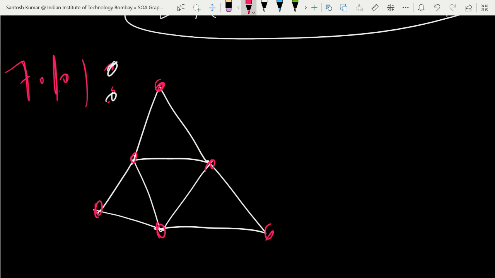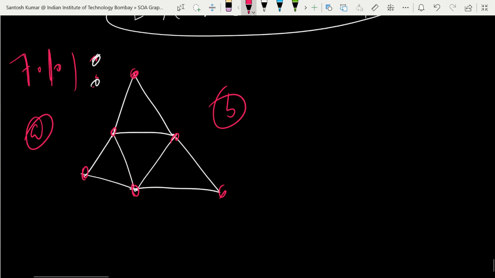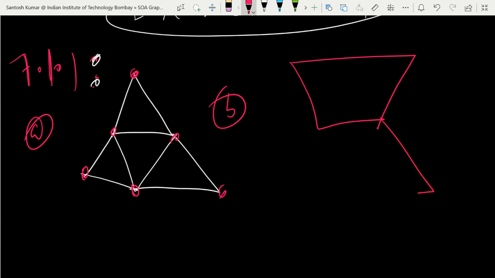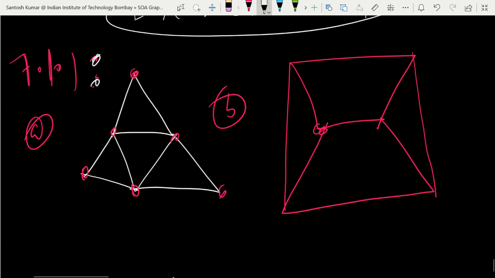So this graph is part A and part B is this, there are two parts.